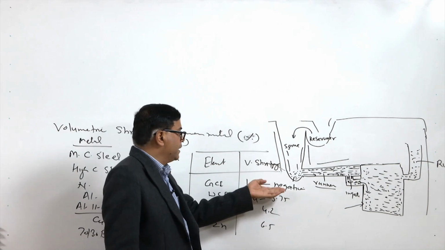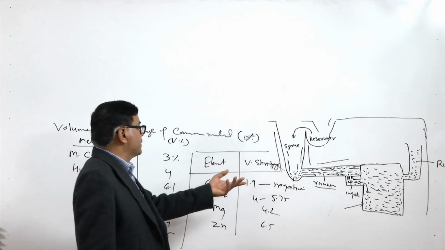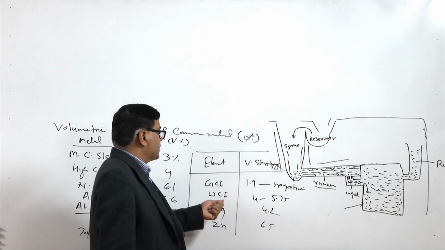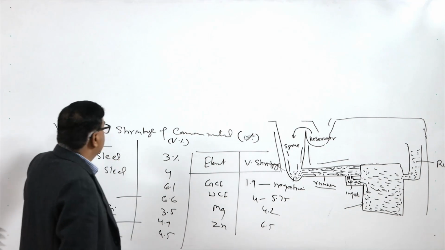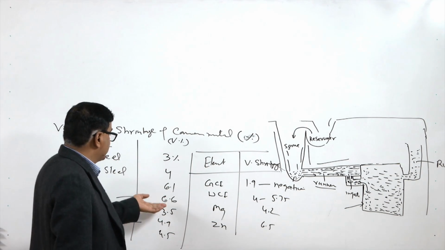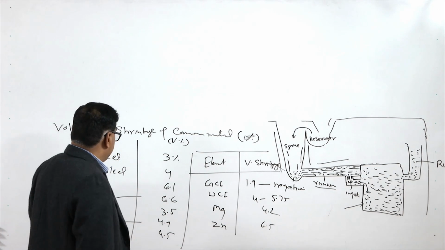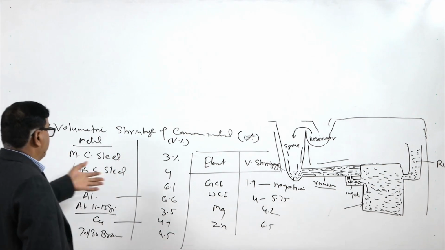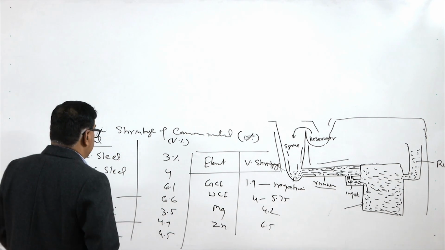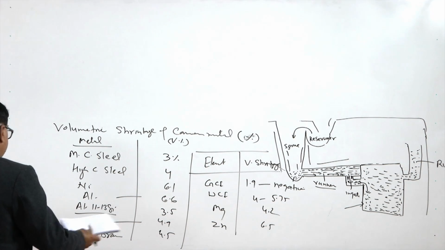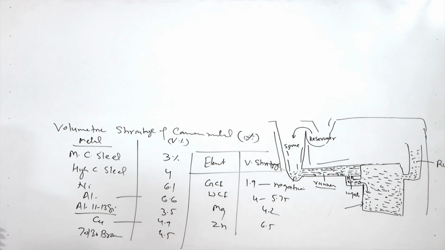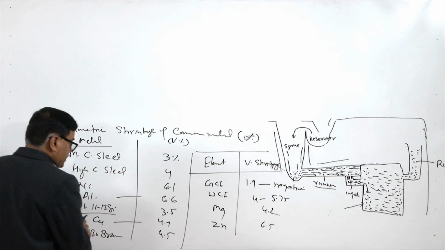from very negative, means increase in volume, to the shrinkage volume as high as 6.6% for the pure aluminum, or for nickel it is 6.1, similarly zinc 6.5. So, very high volumetric shrinkages are also possible.